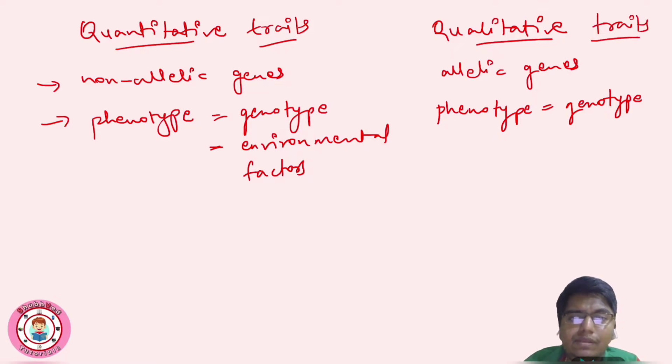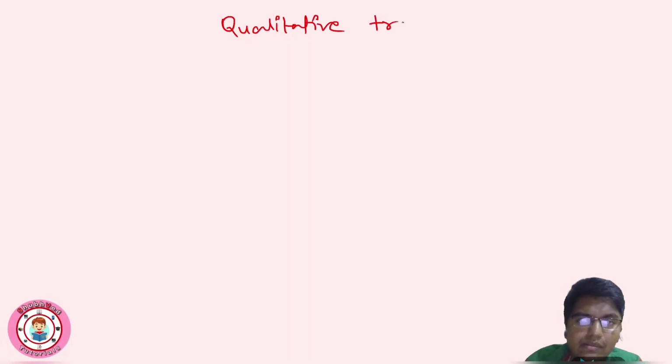Now with examples we will see what those actually are. First of all, qualitative traits, which follow Mendelian inheritance.